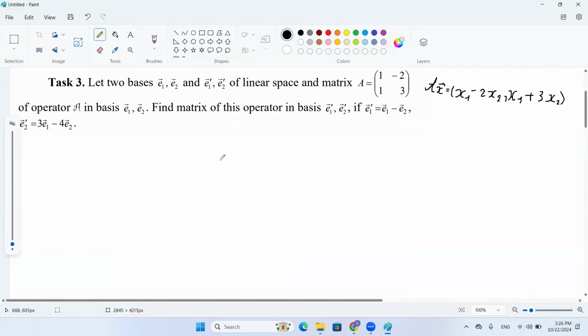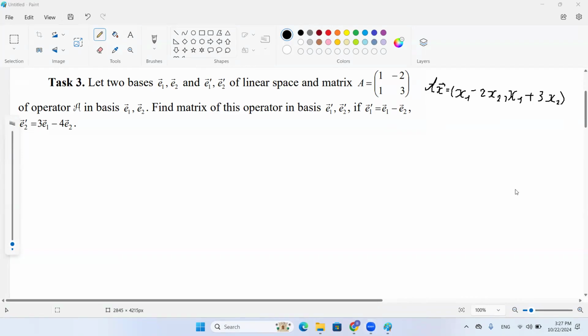How to solve? Any idea? Let's remember our previous lesson when we had to write a vector in other bases. Which operations should we perform?